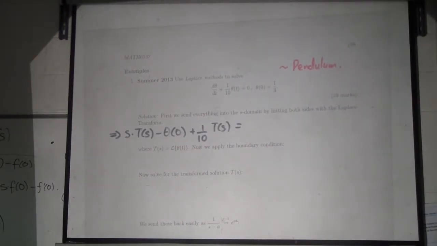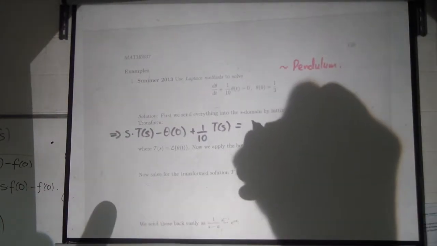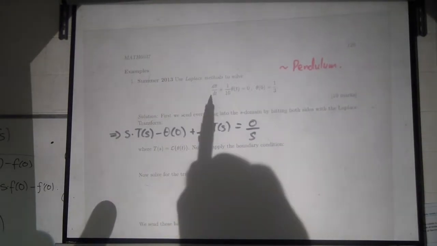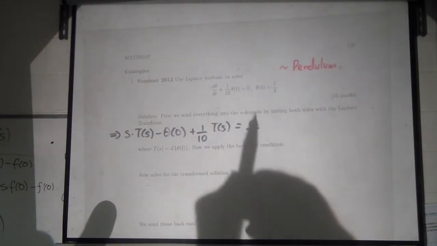Now I'll scribble it out, but what does 0 get sent to? Constant sent to? Constant over s, so it's going to be 0 over s. So you sent this to this to this, and the 0 to this.